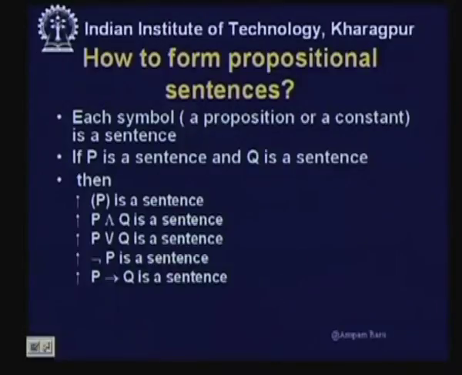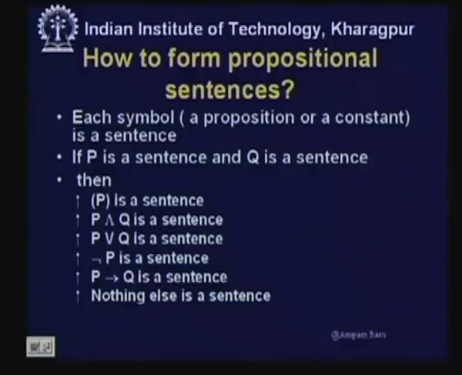For example, if we say Anil is good, and that is P, then not P is not Anil is good. Now Anil is good was true, and not of Anil is good will be false, but not of Anil is good is also a valid sentence. It may evaluate to true or may evaluate to false. P implies Q is also a sentence. Nothing else is a sentence.